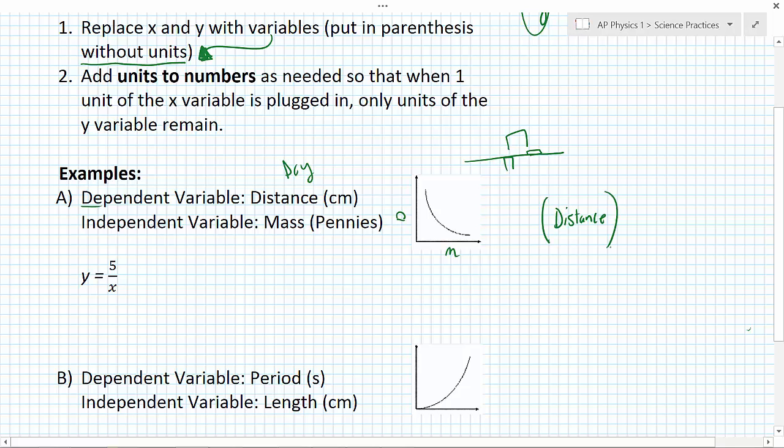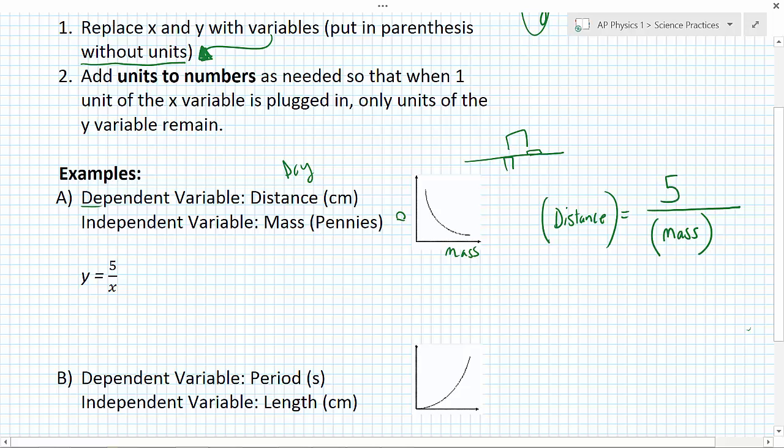I'm going to put that in parentheses. Variables in parentheses. And I'm going to do the same thing with my x. So instead of putting x, well, x actually stood for some variable, and that in this case was the mass of my object. So I'm going to put the word mass and replace that with x. And we still have that number 5 floating up there.